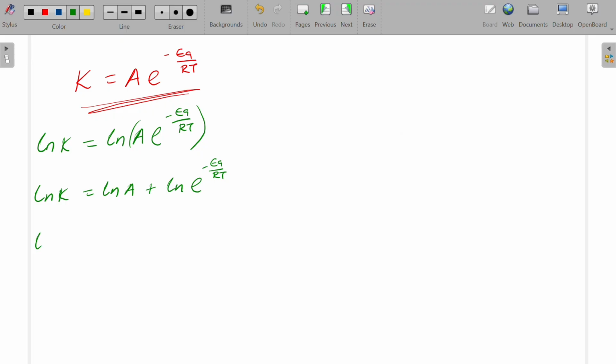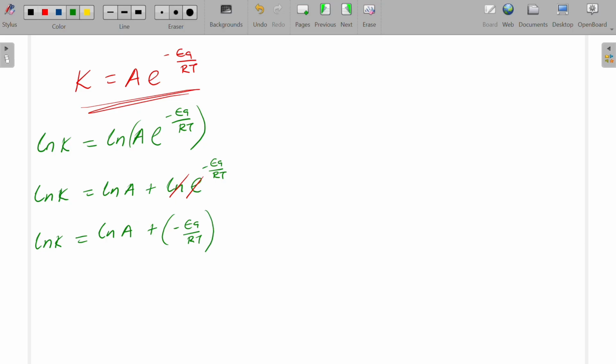So we'll have natural log of k being equal to natural log of A added to, now we said this natural log and the e are inverse of each other. So whenever they meet, they cancel each other. Those two will go, and what we're going to have is minus activation energy over RT coming down.